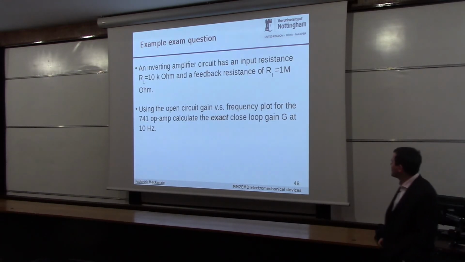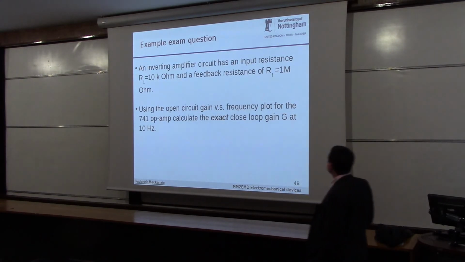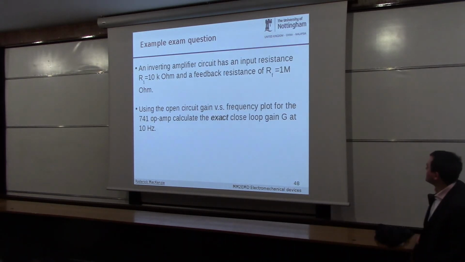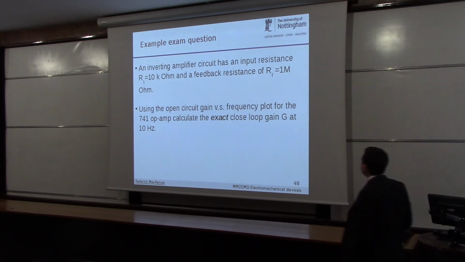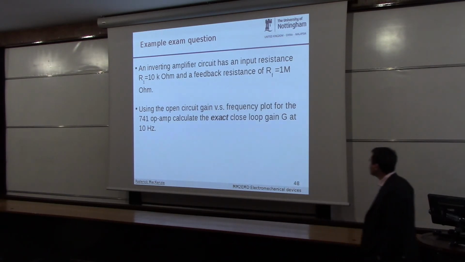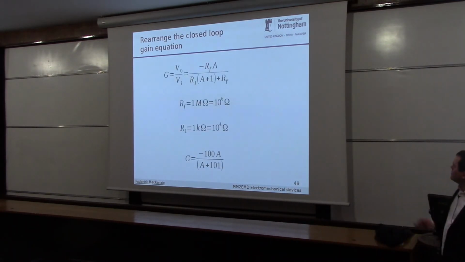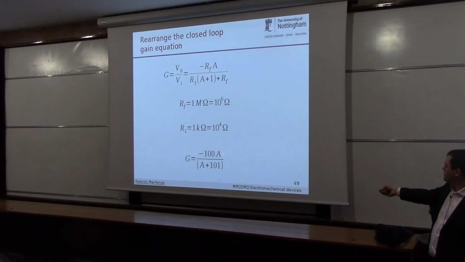An inverting amplifier circuit has an input resistance of 10K and a feedback resistance of 1 megaohm. Using the open circuit gain versus frequency plot for the 741 op-amp, calculate the exact closed loop gain at 10 hertz. Okay? So what you do is you get this equation, which you probably have to remember. I probably wouldn't give this to you. You pop in these two numbers, and you get minus 100A over A plus 101.